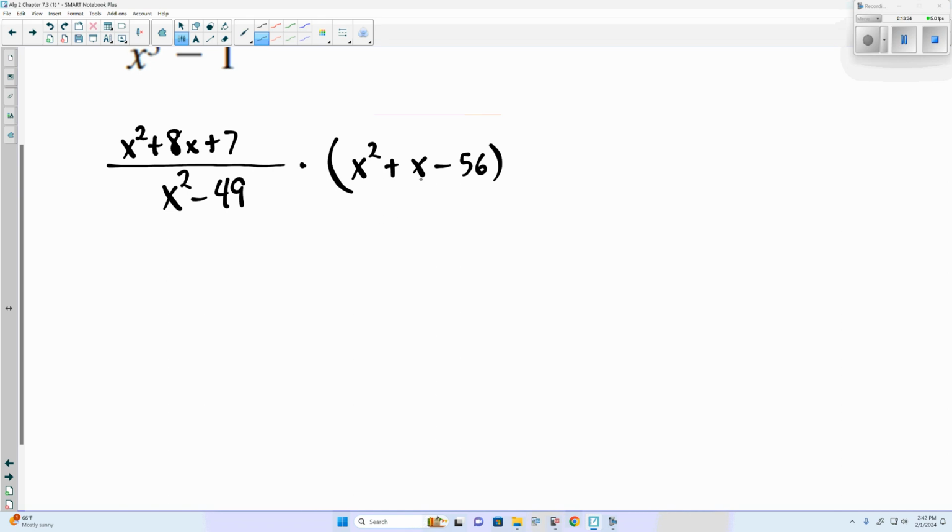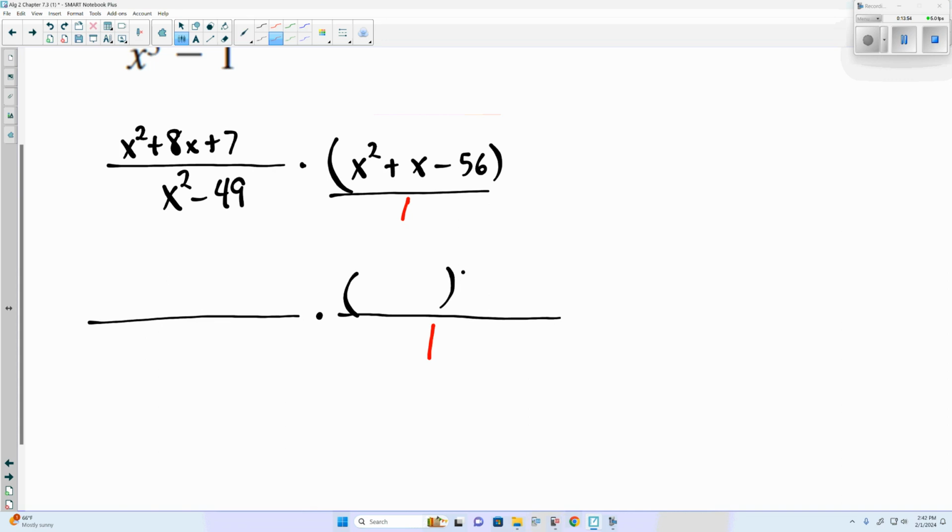Here we go. Now, just like the previous one, our denominator over here is 1. Now, out of the 3 things we need to factor, which one do we want to do first?